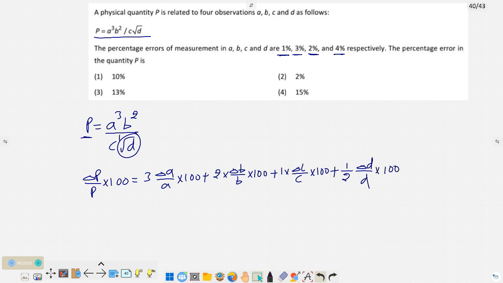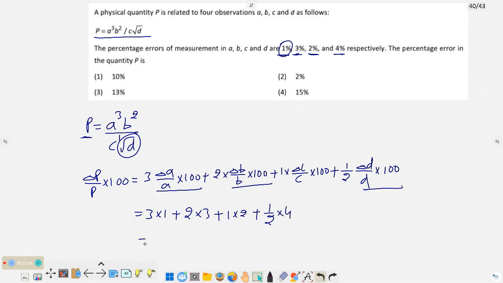So substitute the values here: 3 into delta A by A into 100, that is the percentage of A value, that is 1%, plus 2 into delta B by B, how much, 3%, plus 1 into delta C by C, that is 1 into 2%, plus the last one is half into delta D by D into 100, how much percent, 4%.